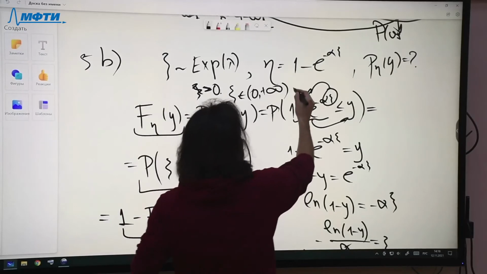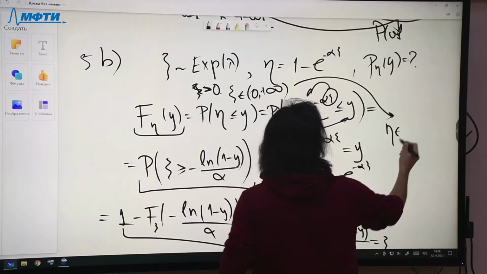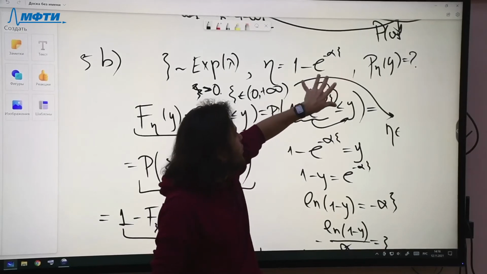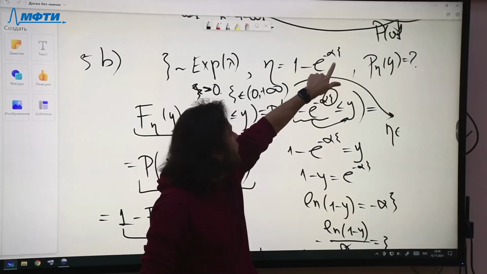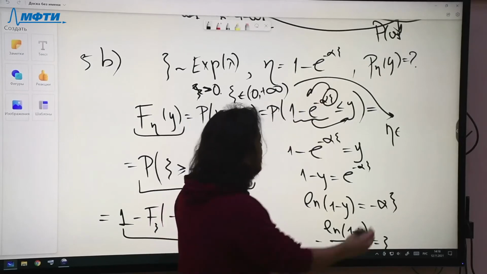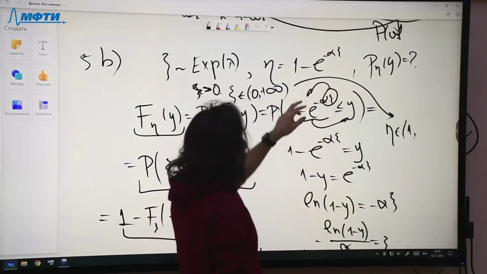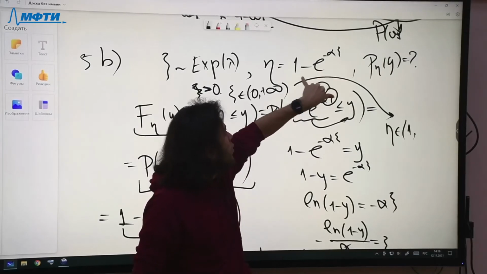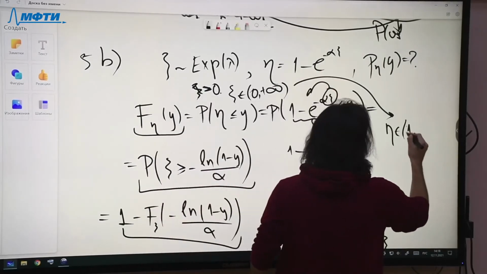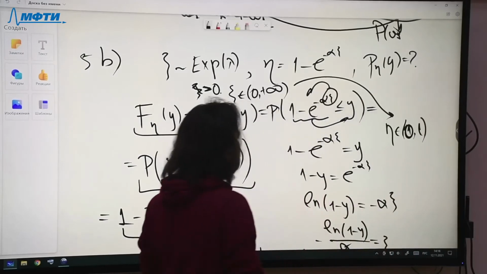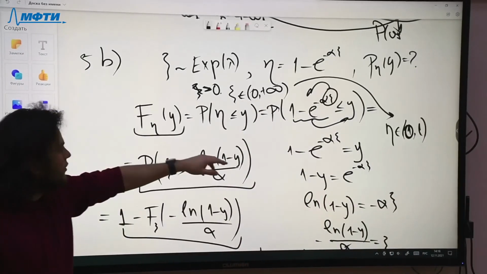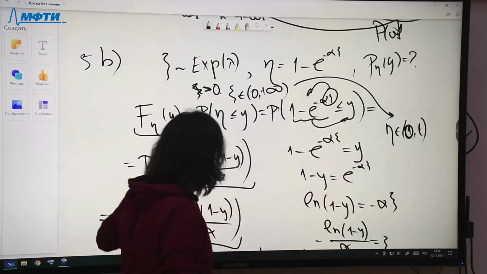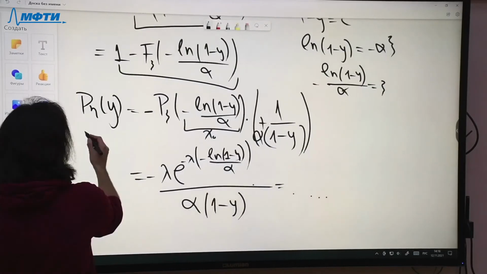So from here we can conclude that eta belongs from where? If we have plus infinity here, then what do we get here? We get 1. And if we have 0, then this is 1, so 1 minus 1, 0. So this is defined from 0 to 1. So the answer is that the random variable eta is from 0 to 1, and its density is this one.